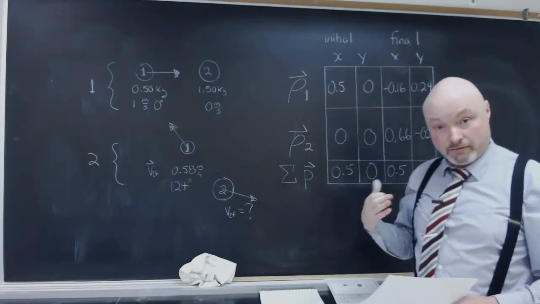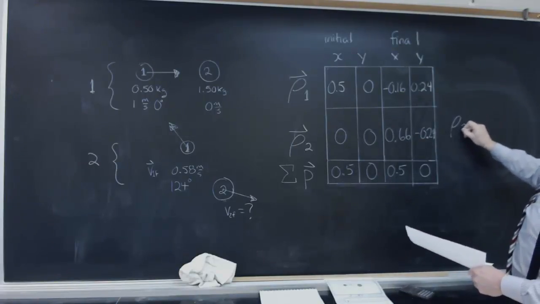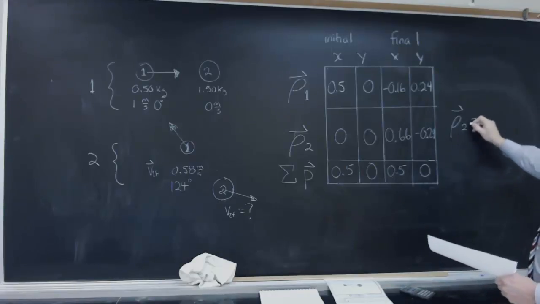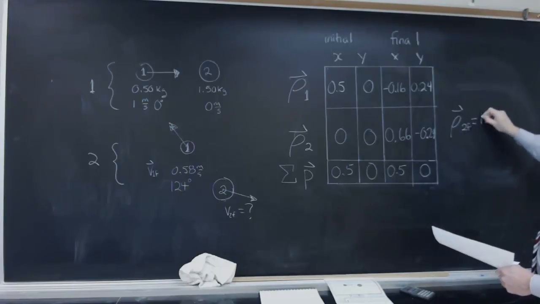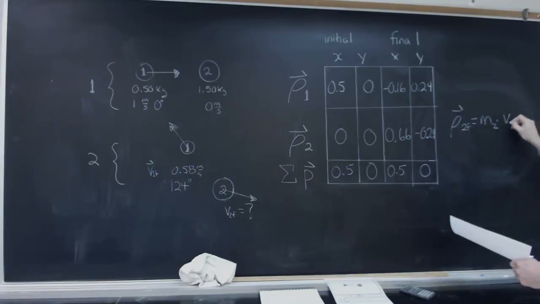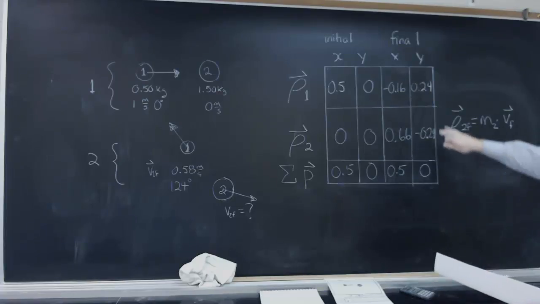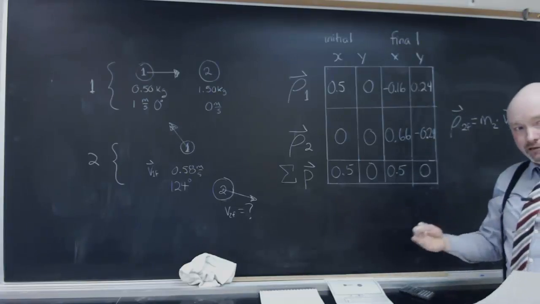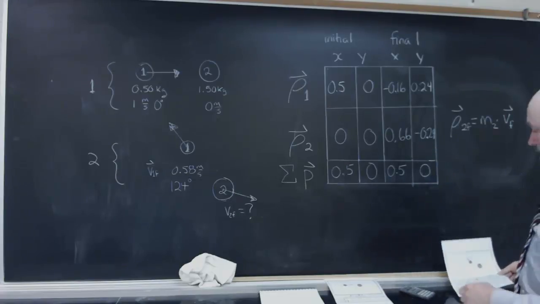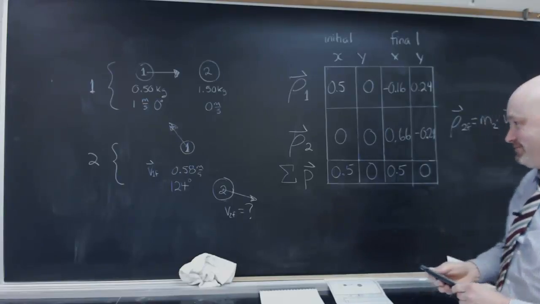If we're asked to find the velocity for the second ball, we can just simply go through momentum. The momentum of the second ball is equal to the mass of the second ball times the velocity of the second ball. The one thing we didn't do was actually work out what our angle was, but we can use SOHCAHTOA to do that.